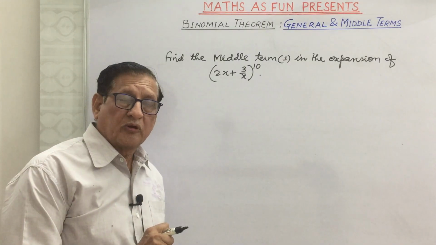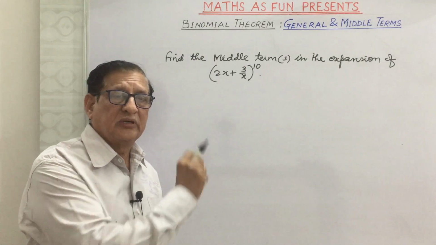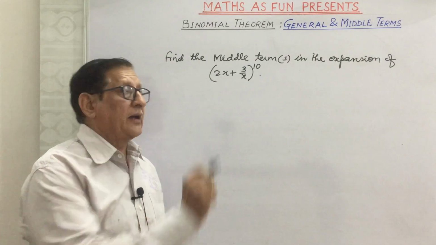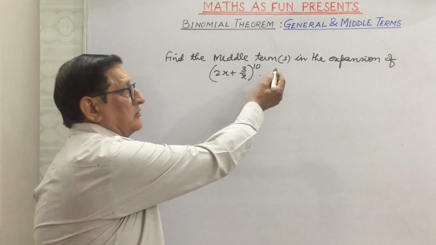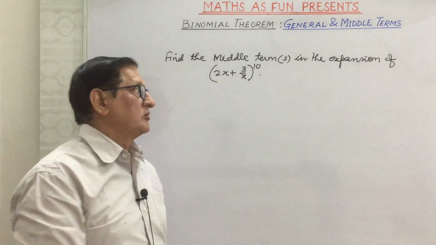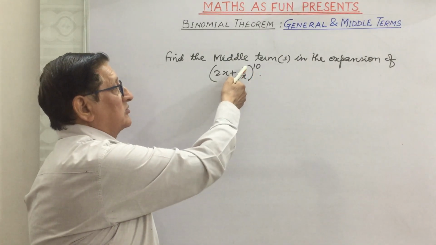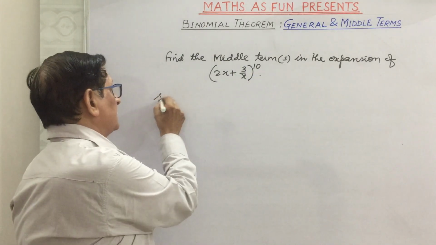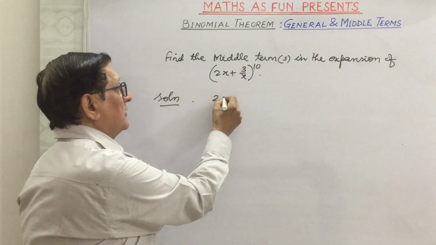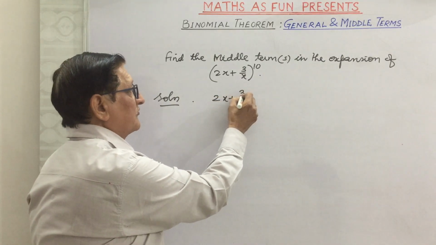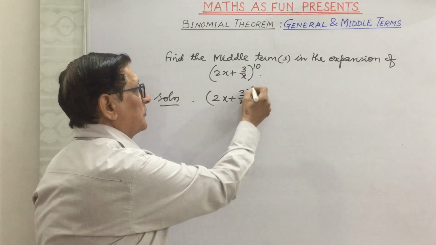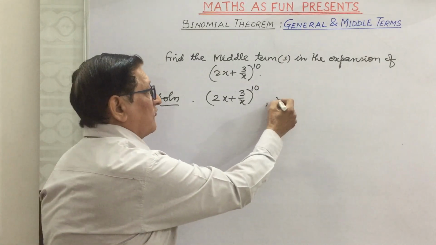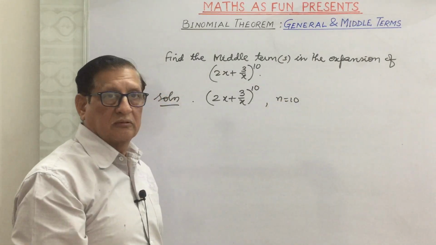Now we discuss one problem based on finding the middle term. The problem is, find the middle term or terms in the expansion of (2x + 3/x)^10. For the solution, first of all we see that in the expansion of (2x + 3/x)^10, n is 10.